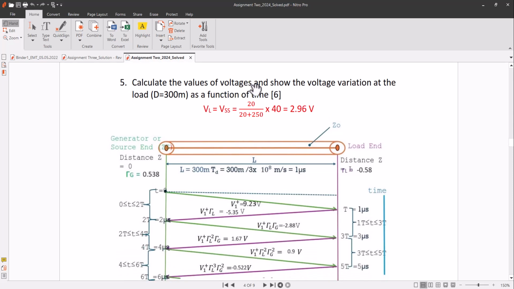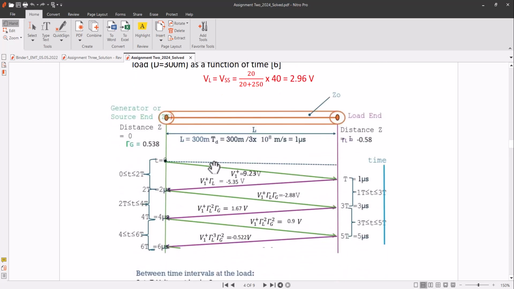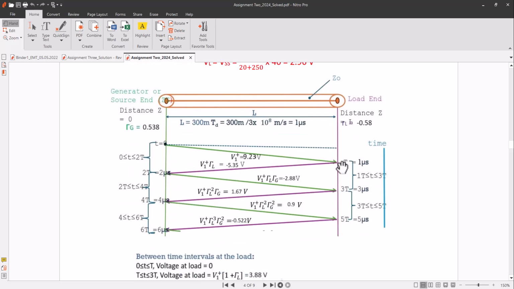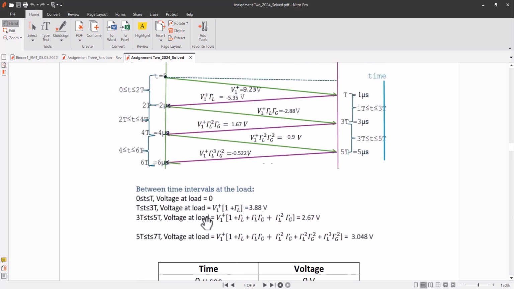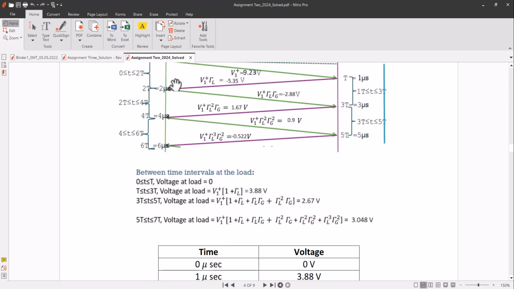And now we have to show the values of voltages and voltage variation. This is very important here. As I already explained, this is your V1 plus, and this is your V1 minus, this is your V2 plus, and this is your V2 minus, so on. At different times we will be just adding these waves to calculate the total voltage at one point. So at 0 microsecond we will have 0 volt.